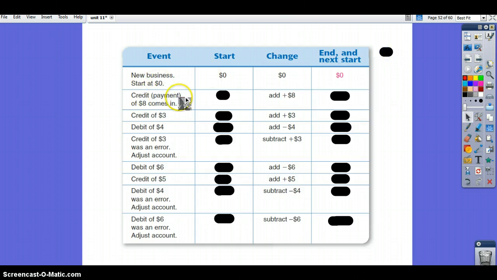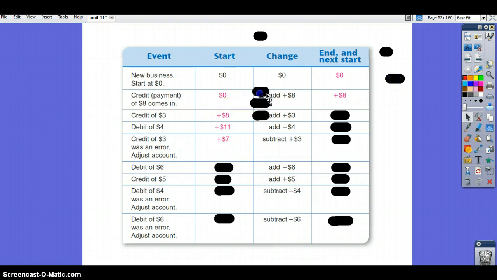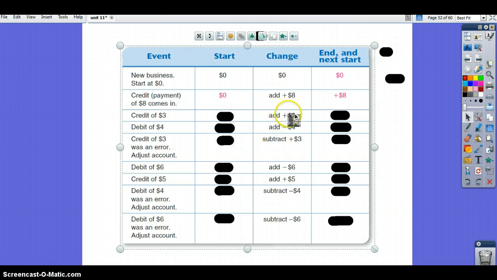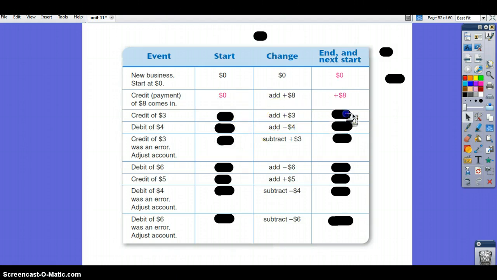A credit is a payment, so 8 comes into your account. You started with the 0, you add the 8, so 0 plus 8 is 8. That's where I start the next time. I start with the 8, I add 3, so I'm going to end up with 11. I bring the 11 down.